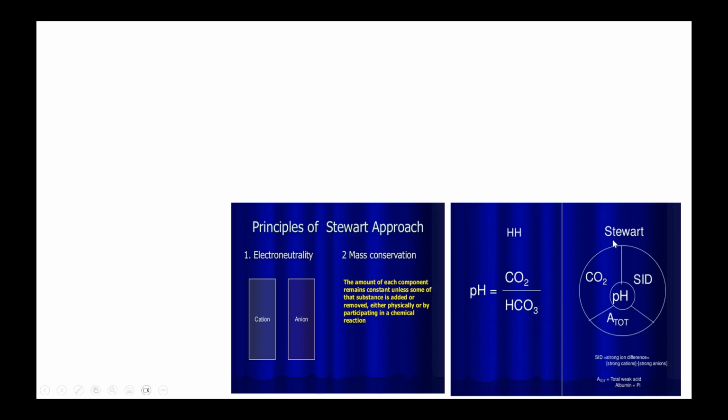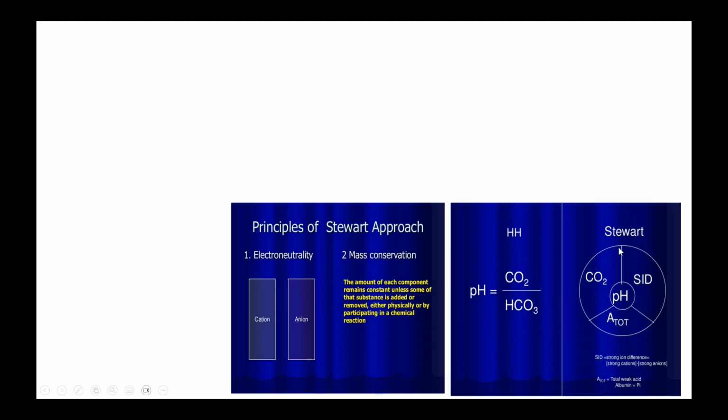But later, a person called Peter Stewart said it is not these two alone which are important. He said the first and foremost thing is you should find out the strong ion difference between the positively charged ions and the negatively charged ions. And then the total of weak acids that are present, especially albumin and phosphate, and carbon dioxide.